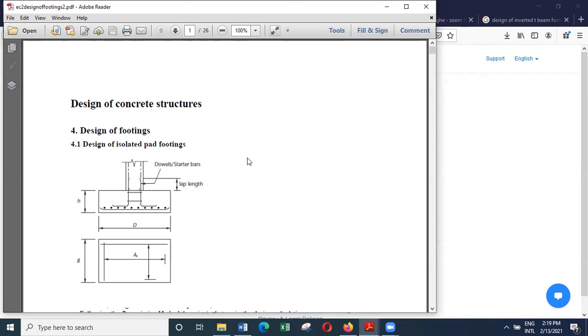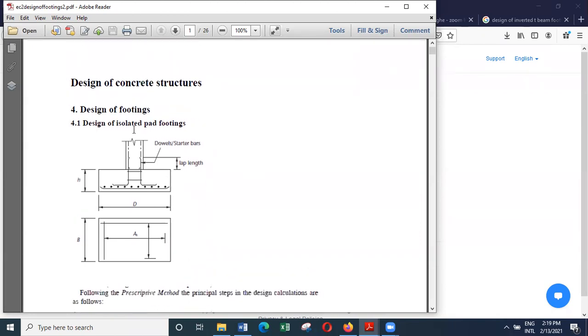So if you look at an isolated footing, that's the simplest that you can always encounter. There can be a few types of failures because, because of the axial load, there will be a pressure underneath.